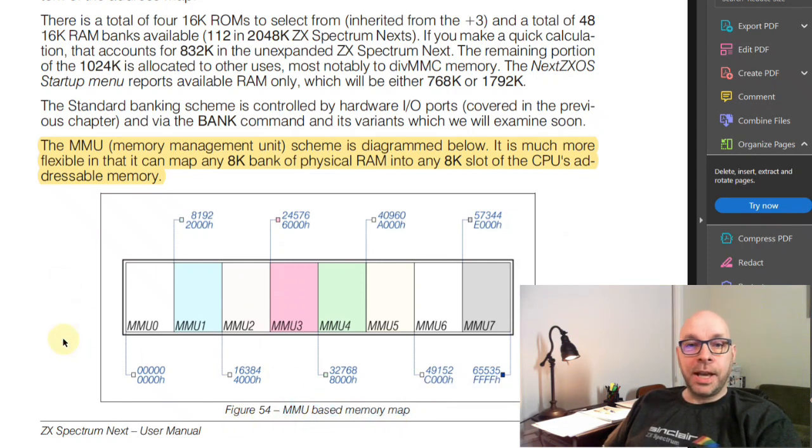And this shows that the addressable memory space that the Z80 processor can see here is divided up into 8 equal sections, which are 8 kilobytes each, and they are labeled or numbered from MMU 0 to MMU 7. And here these numbers here show the different memory addresses where are the boundaries of those different sections.